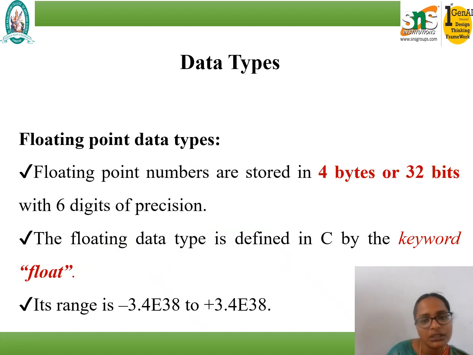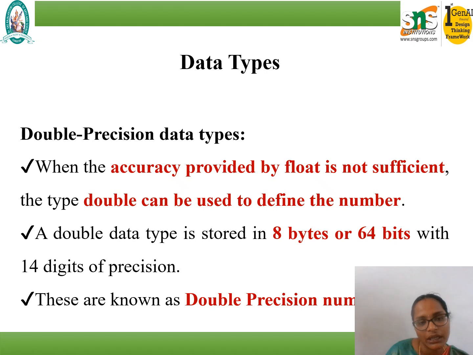Next one, floating point. 4 bytes or 32 bits of information can be stored. Here it has a decimal point, so we use the keyword float. Next, double precision data type. Mainly for accuracy purposes, we are using double precision. If float is not sufficient, we go for double.